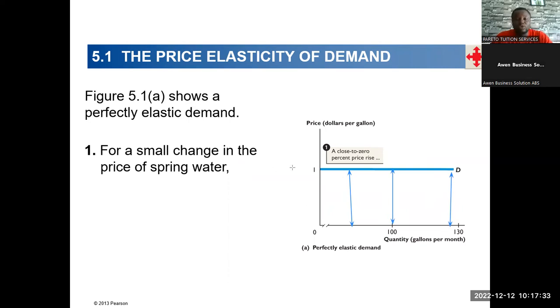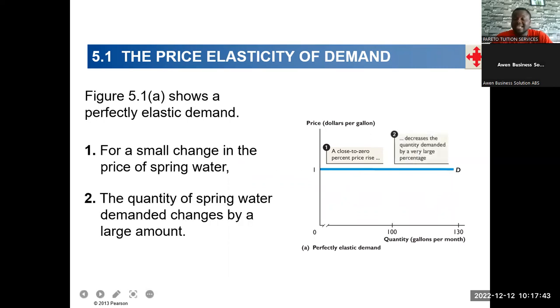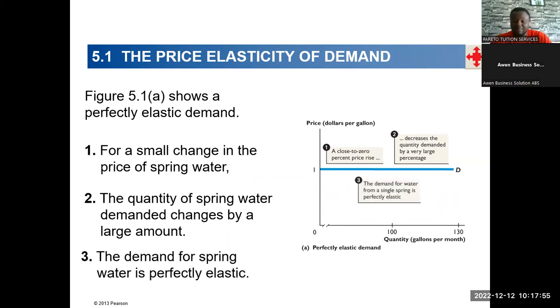There's almost a 0 change in price, yet the quantity that individuals are buying varies. Now, one thing about this one is that if the producer tries to increase price by a very small margin, it's possible no one will buy the good at all. So this is what a perfectly elastic demand curve looks like.